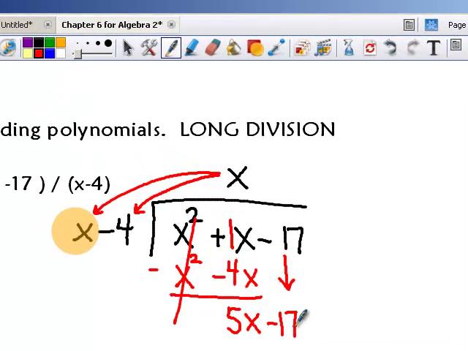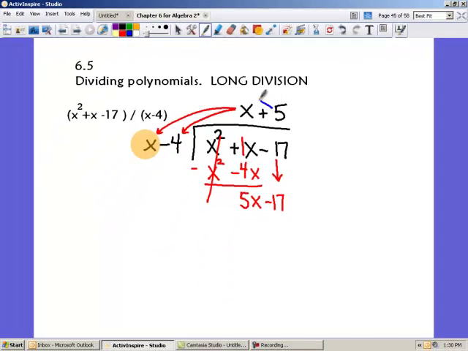Okay, so now we have to ask ourselves, what times x will give us 5x? And that answer is 5. So plus 5. And now we go back again. 5 times x is 5x.